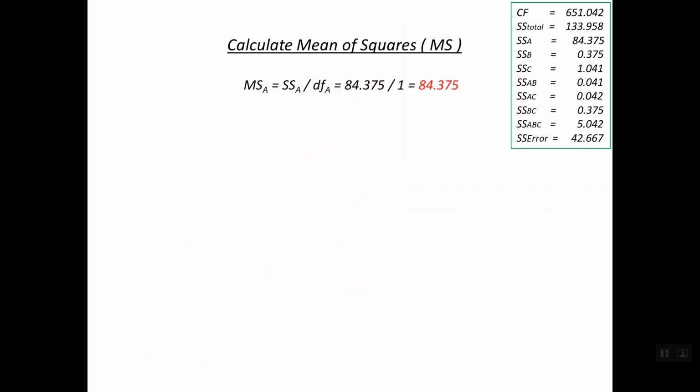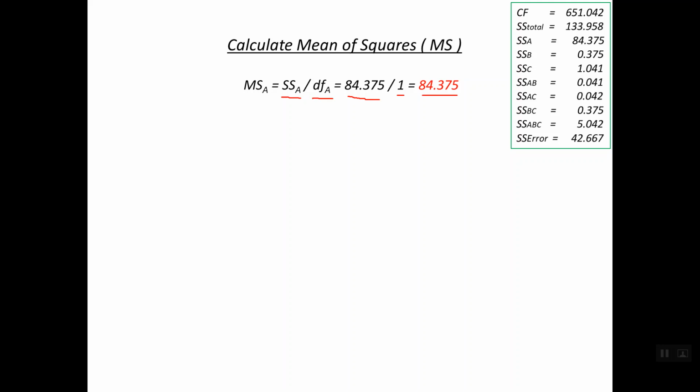So for A, MS for A is equal to SS for A divided by the degrees of freedom for factor A. This is the SS for A. You can take it from the table at the corner. And this is the degrees of freedom. It's 1.